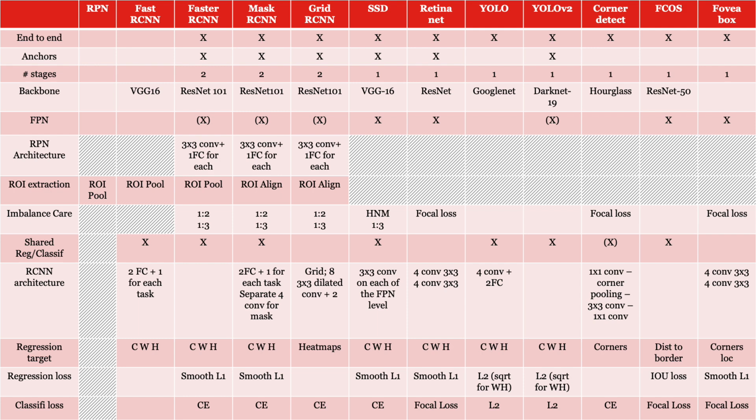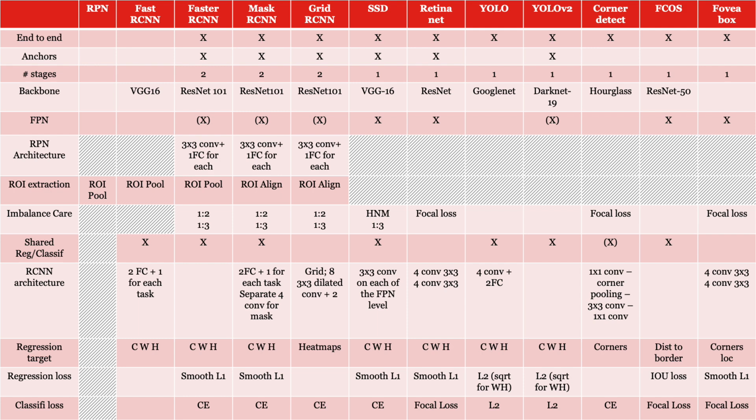So if they're end-to-end or not, if they're using anchors or not, the number of stages in which they work, what is the type of backbone for extracting the features, if they're using a feature pyramid network or not, or if they could or not. What type of architecture do they propose if they have a region proposal? What type of region of interest extraction do they use if they have one? So that's mostly or only for the two-stage detectors.